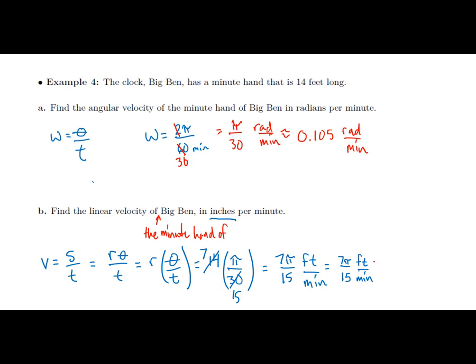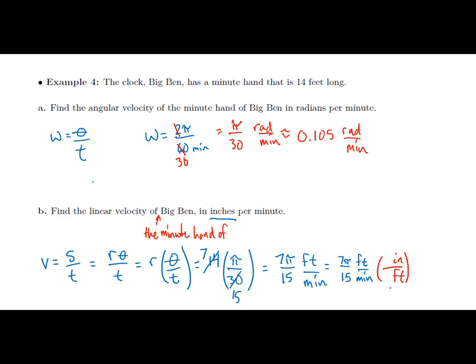If I want inches instead of feet, then I can multiply by a fraction that I don't want to change my answer, but I want it to look different. So instead of feet, I want it to be in inches. The idea is I can cancel feet out from the numerator if I put feet in the denominator. And then I really want inches in place of feet, so if I put inches in the numerator, that'll do the trick.